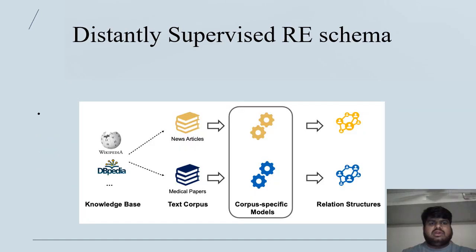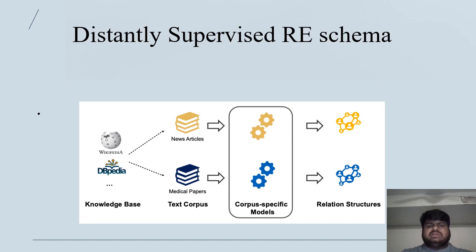Now I am explaining the distantly supervised RE schema. This picture shows the process beginning with structured knowledge bases and unstructured text data. In the distantly supervised RE schema, different types of text require different models for accurate relation extraction.